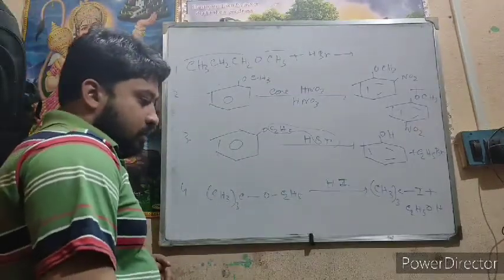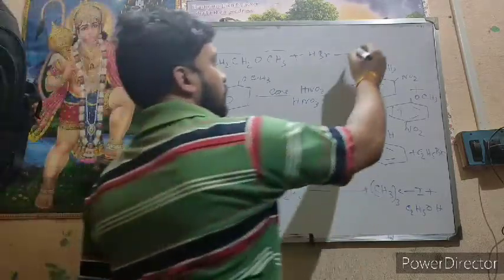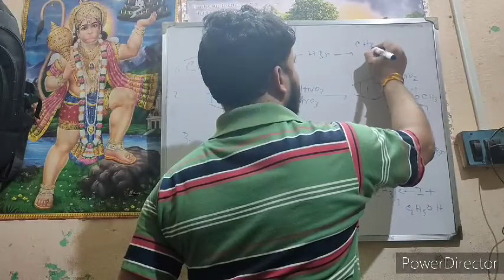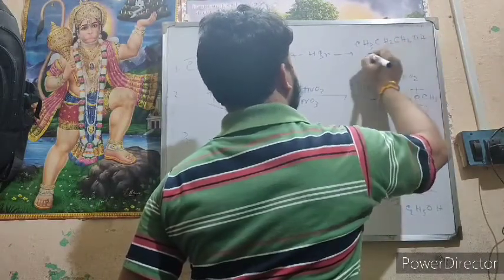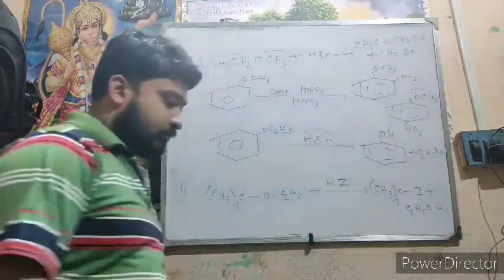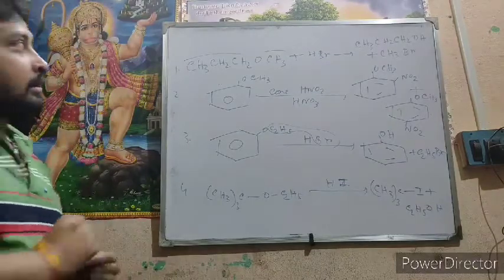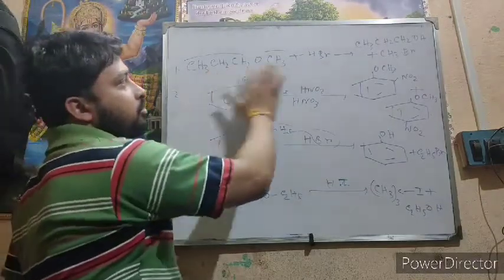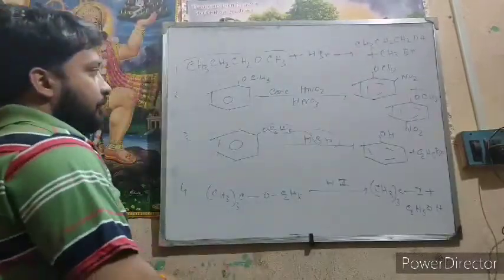What will be the product? Long chain forms alcohol, CH3CH2CH2OH, and short chain forms haloalkane, CH3Br. This is very important. The long chain is going to form alcohol and the short chain is going to form haloalkane.